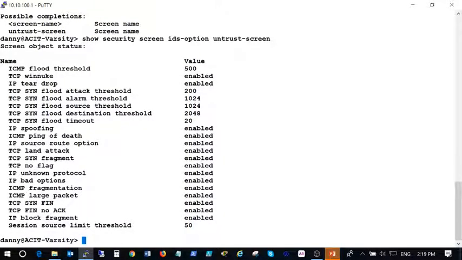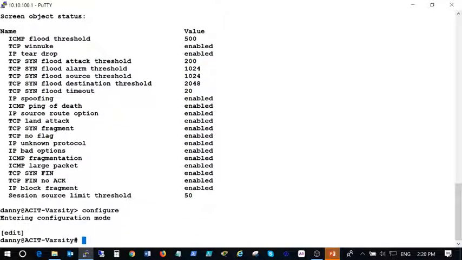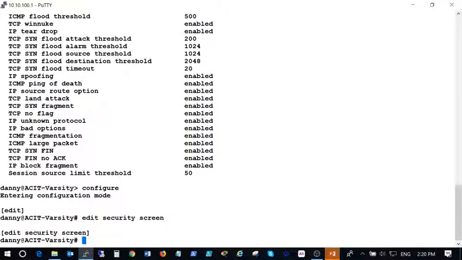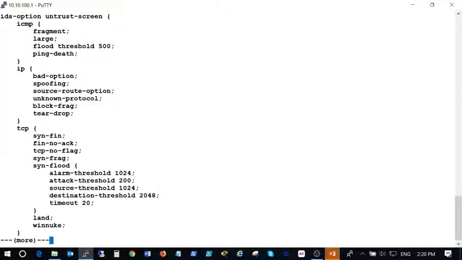We're going to take a look at where that's configured, under security screen. Okay, so this is the configuration here. The IDS option, we've just called untrust screen. That's just what I've called it.